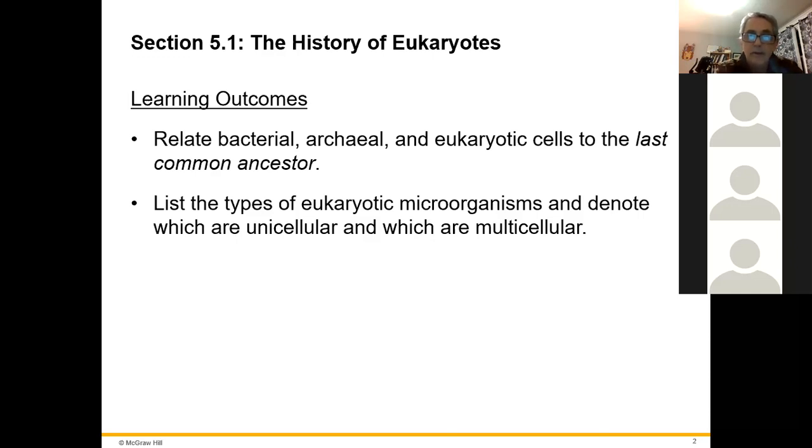So eukaryotes can be single cell, also called unicellular. Eukaryotes mostly are multicellular. If you remember, the protists are single cell. Bacterial cells and archaeobacteria are always single cell. In other words, they are always unicellular, synonymous terms.